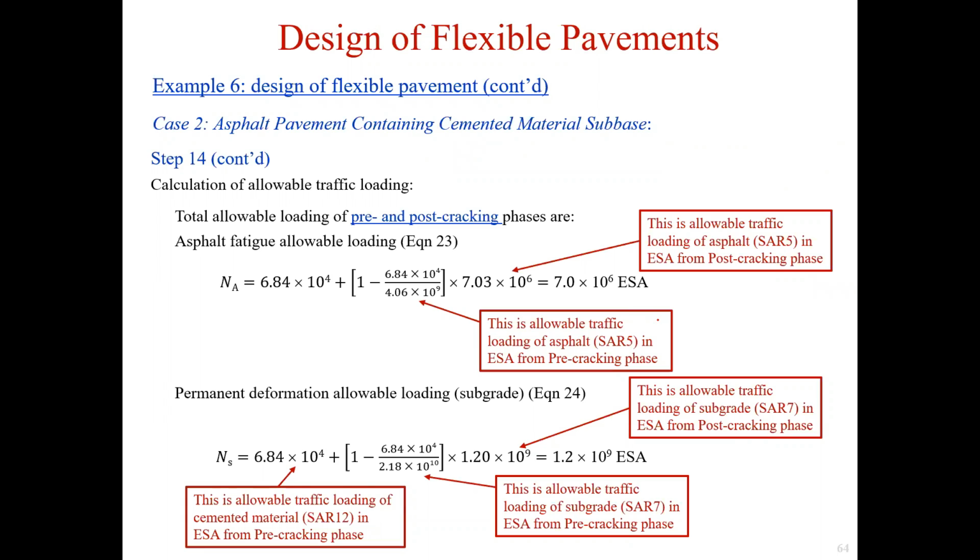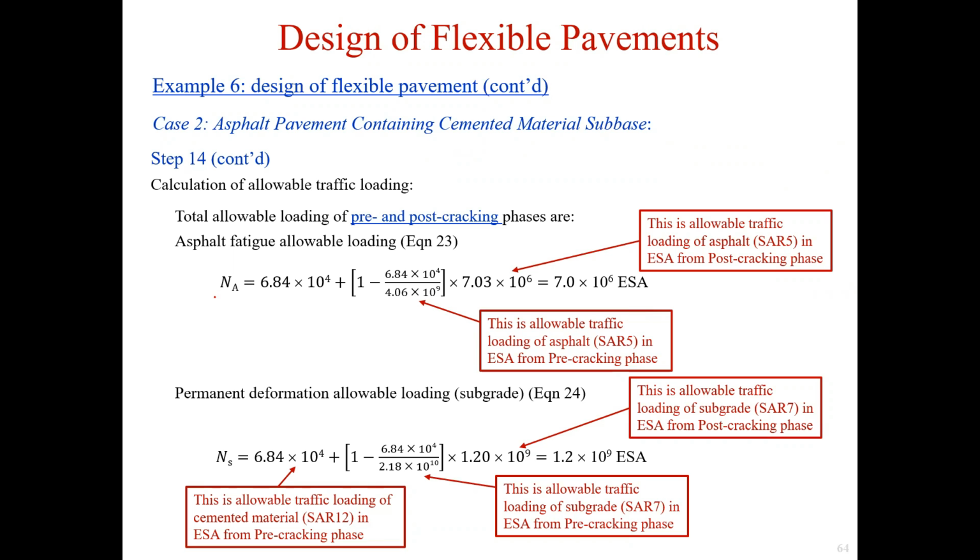Therefore, the total allowable loading of the pre and post-cracking phases are as follows. The asphalt fatigue allowable loading can be calculated using equation 23, and all the values are obtained from the previous steps. So we get the final value of 7 times 10 to the power of 6 ESA.